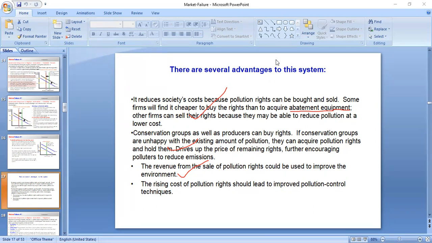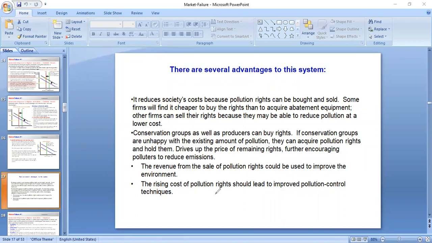Then the rising cost of pollution rights should lead to improved pollution control techniques. Of course, as the government reduces the supply of these tradable permits, like we've already seen, it becomes costly for these polluting farms in terms of the cost of production.